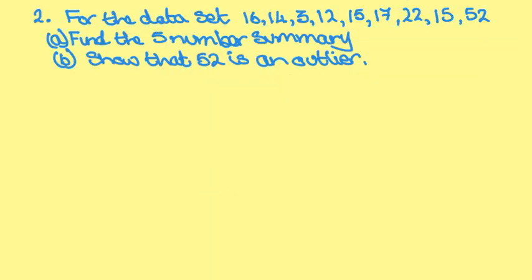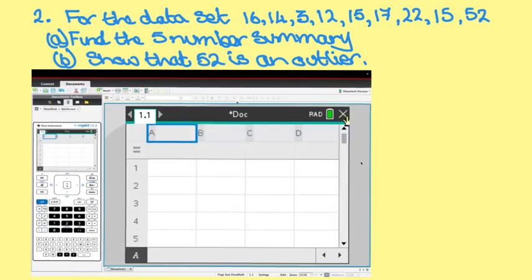Question 2. For the data set 16, 14, 13, 12, 15, 17, 22, 15, 52, A. Find the 5-number summary. B. Show that 52 is an outlier. I'm going to find the 5-number summary using a GDC. I've opened the TI Inspire Data and Spreadsheets page.